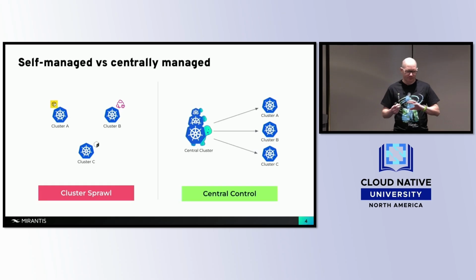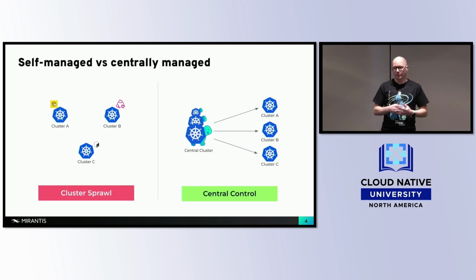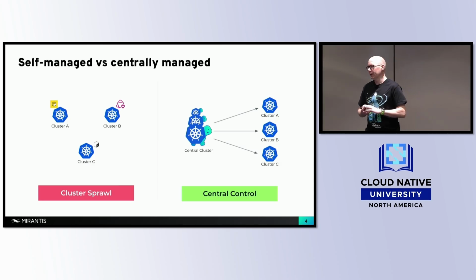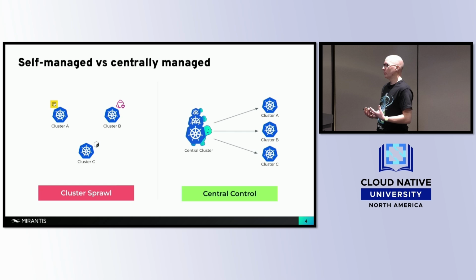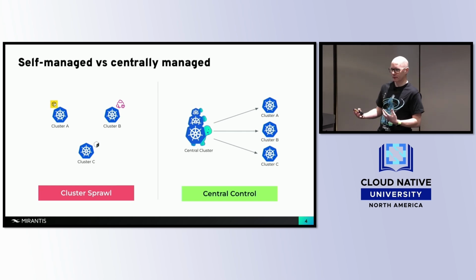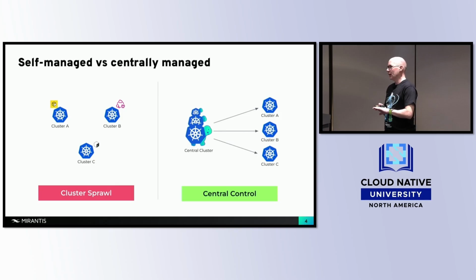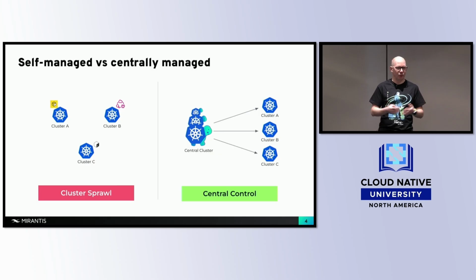But before we actually dive into what Cluster API is, I think we need to think about why we need, or do we actually need, Cluster API? One of the challenges managing clusters: if you have one or two clusters to manage, you can do it pretty much any way. You can do bash scripting, you can use Terraform, whatever.